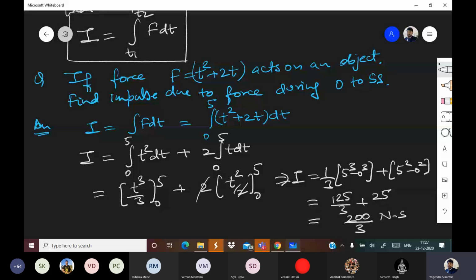This is the answer, which becomes 66.67 or 66.667 or 66.66666667. As we are not talking about significant figures here, you have the freedom to go up to any value.